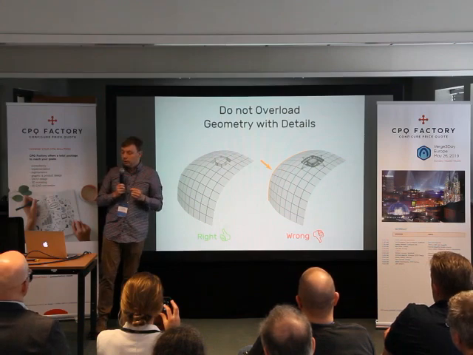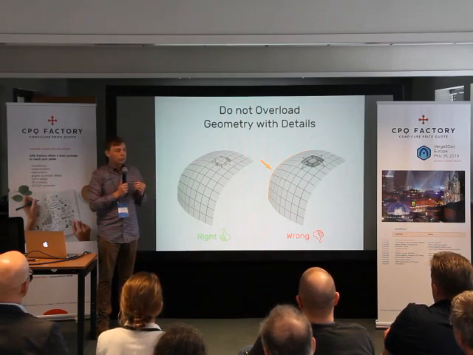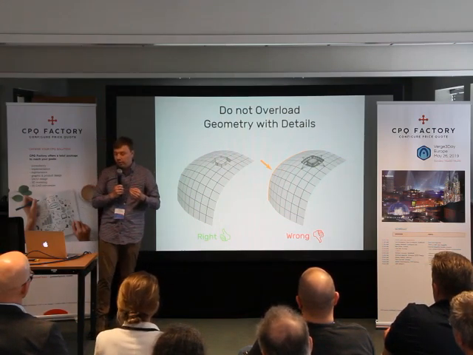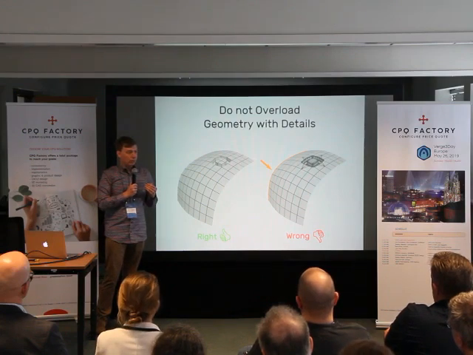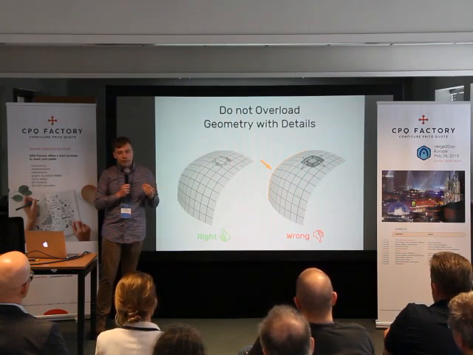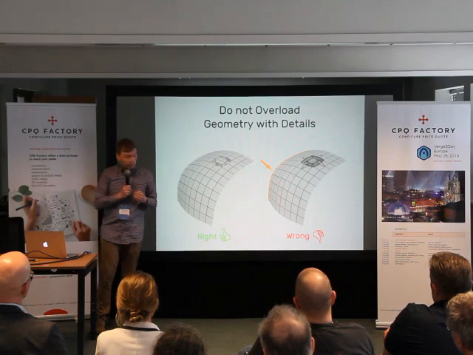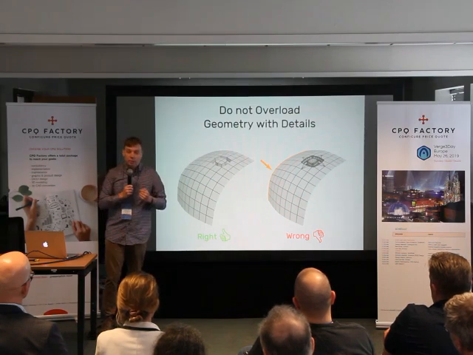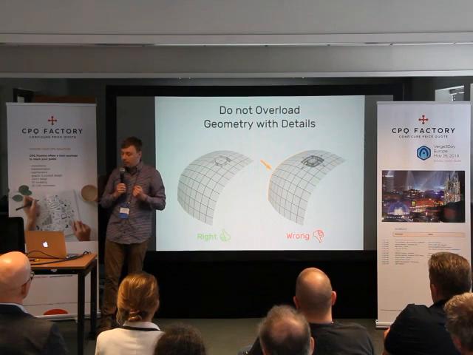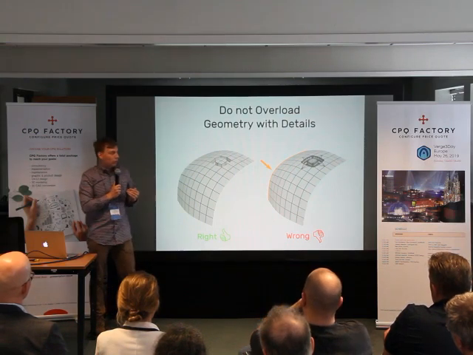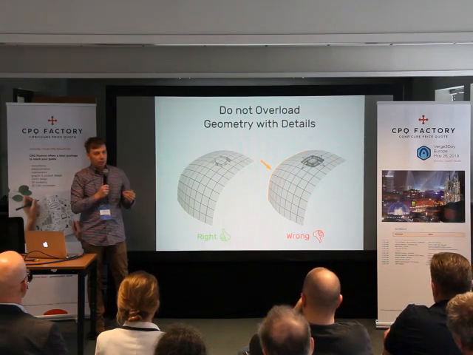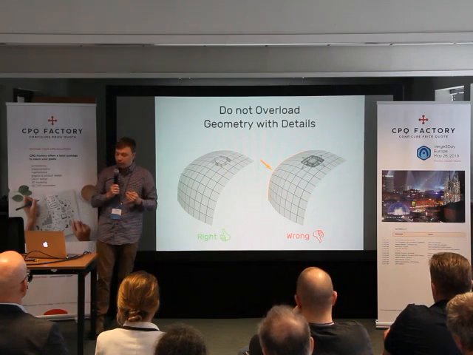Of course, try not to overload your object with extra detail that the user can't see. On the left side, you can see that the border of this object already sets a level of detail for this object, and this detailed part is really over-detailed.